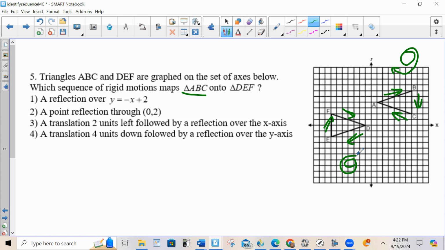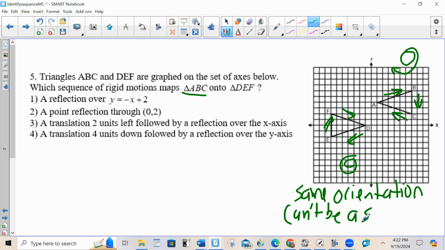They're going in the same direction, therefore it has the same orientation. So I know that it can't be a single reflection.